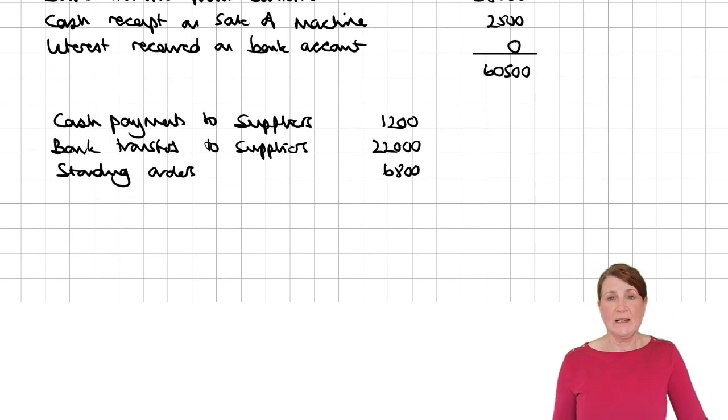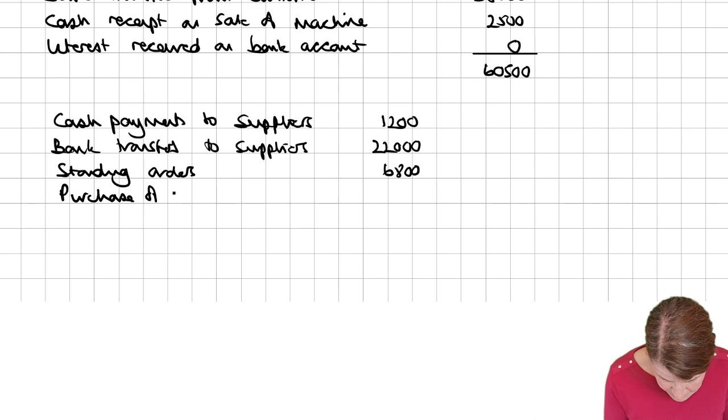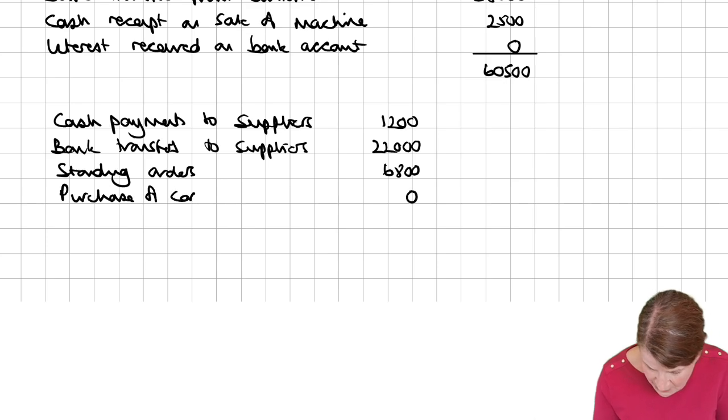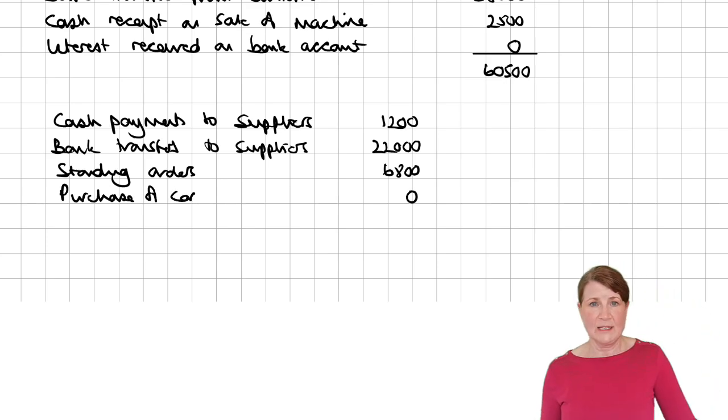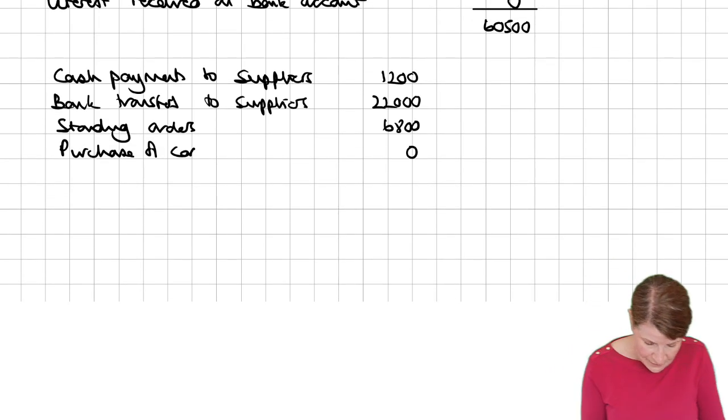We've got the bank transfer for the purchase of a car. No. And once again, we cannot have that as an expense because it's a car. However, the machine we can. So anything other than cars, unless it's land and buildings, of course, which you can't have, would be fine.